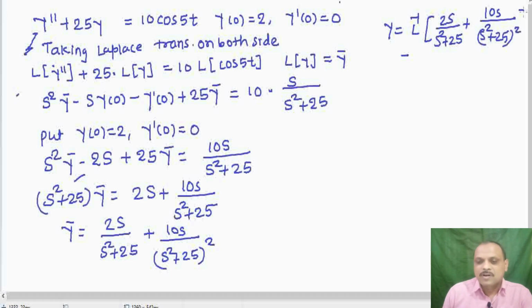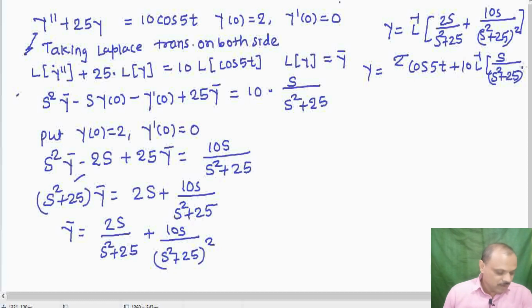Now y equal to, here 2 common, s divided by s square plus 25. This is nothing but cos of 5t, plus 10 into L inverse of s divided by s square plus 25 whole square.